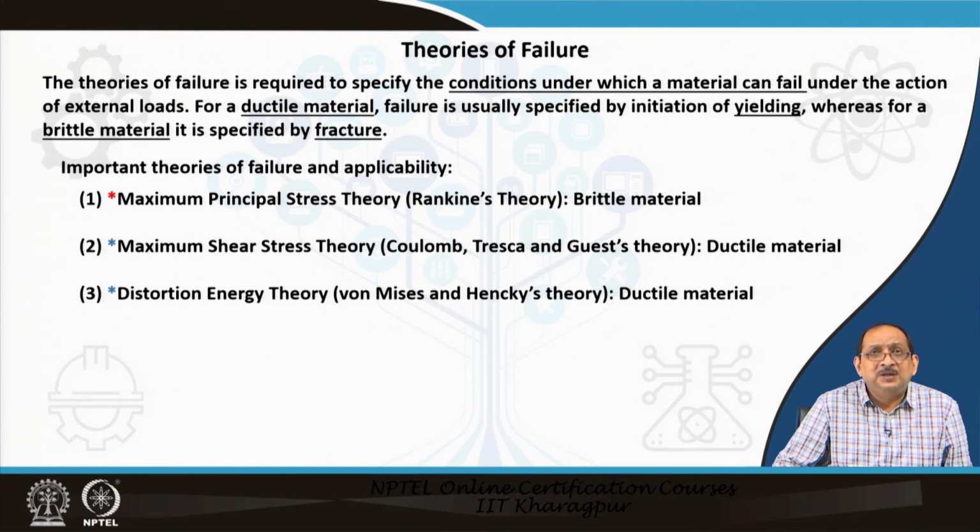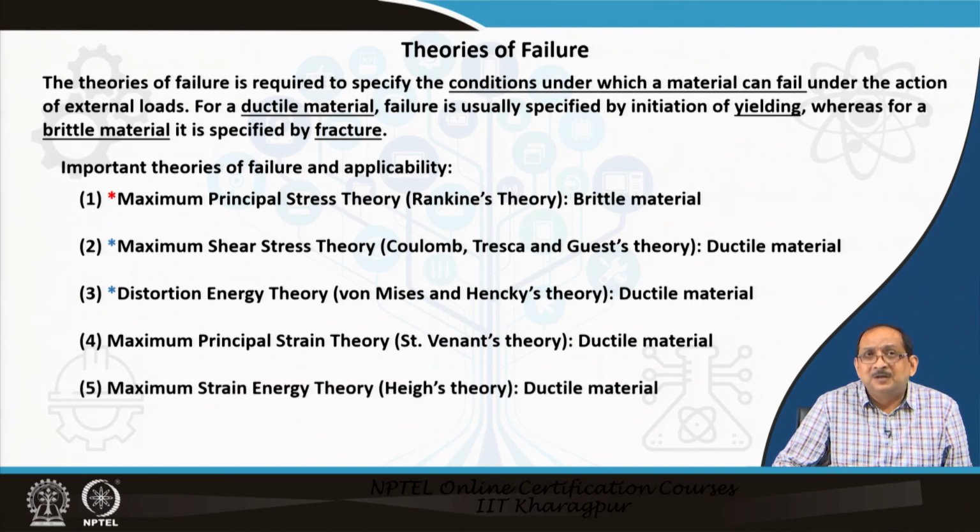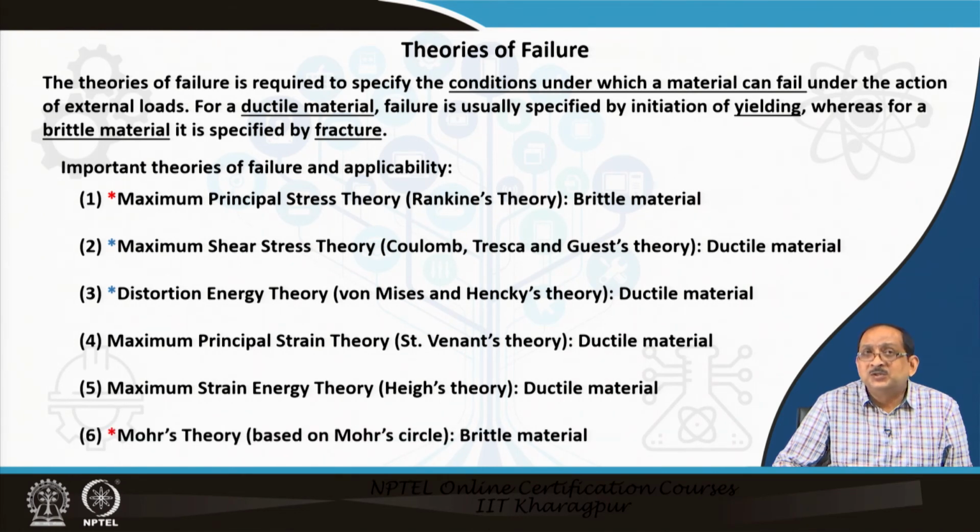Distortion energy theory or von Mises theory is applicable for ductile material. Maximum principal strain theory is also applicable for ductile material. Maximum strain energy theory, Haigh's theory, is applicable for ductile material as well. Mohr's theory, which is based on the Mohr circle, is applicable to the brittle material.